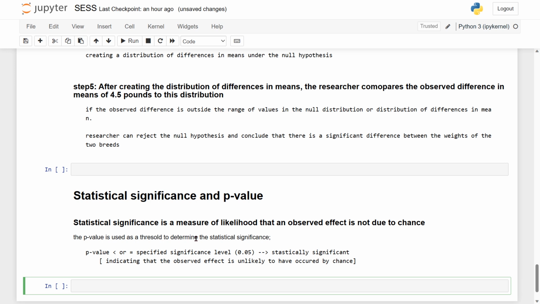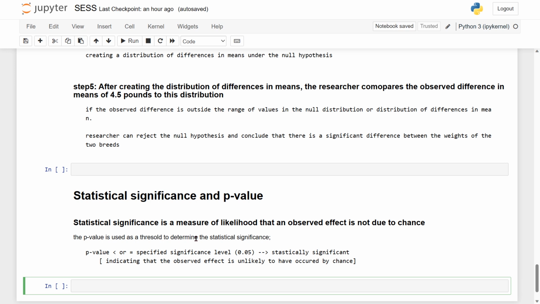Therefore, it's important to consider the context of the research question and the implications of the result beyond statistical significance. It's also important to interpret p-values in conjunction with other measures of effect size and confidence intervals to gain a more complete understanding of the results.